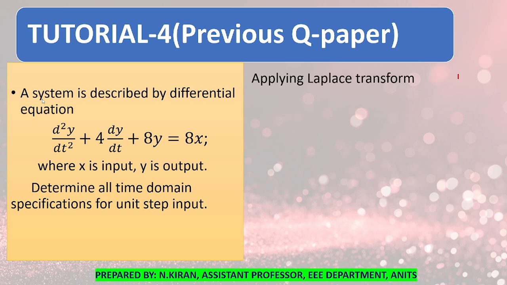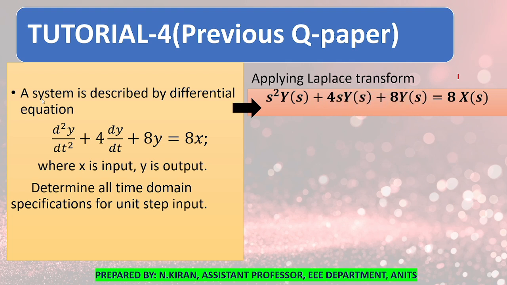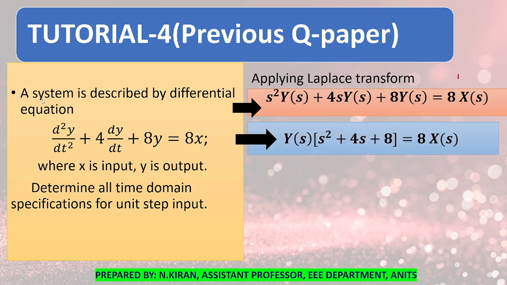So applying Laplace on both sides, which will give me s square into Y of s plus 4s into Y of s plus 8 into Y of s is equal to 8 into X of s. So if I take Y of s as common, that will give me Y of s into s square plus 4s plus 8 is equal to 8 into X of s.